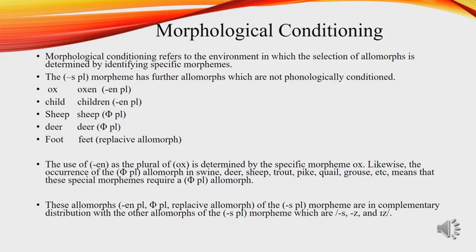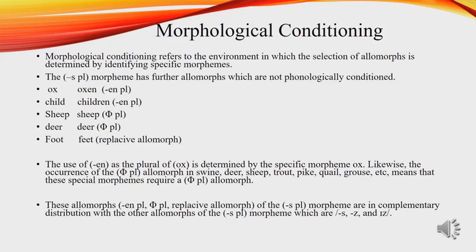The next example is sheep, sheep. The singular form is the same as the plural form. There is no suffix or infix in this word. That is why we call this type of plurality the zero plural. The zero plural, which has a specific symbol written between two brackets, is one of the allomorphs of the S plural morpheme.